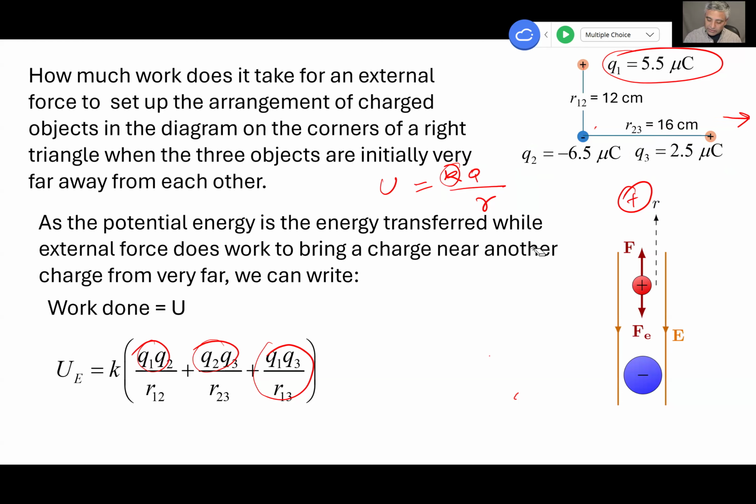A couple of things we need to keep in mind. The distances are given in centimeters, so we need to convert them into meters. And the charges are given in microcoulombs.